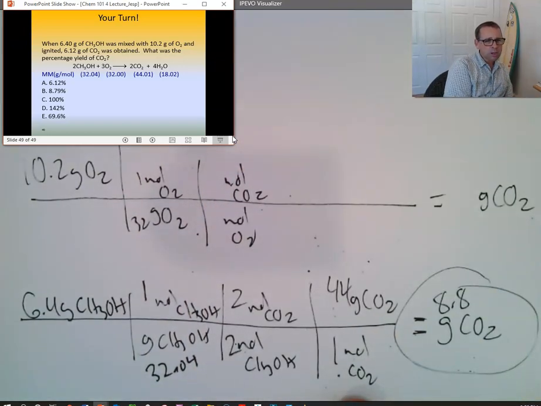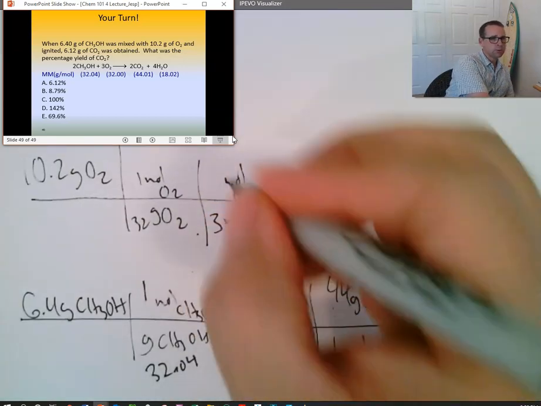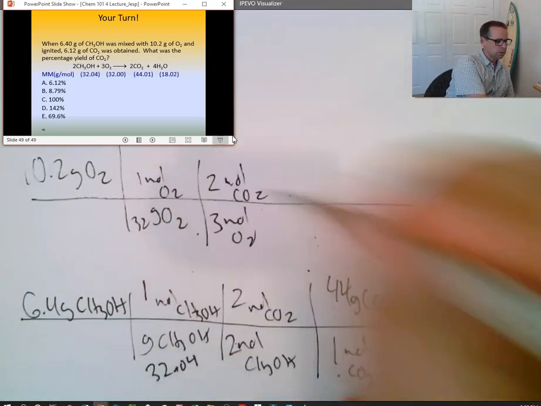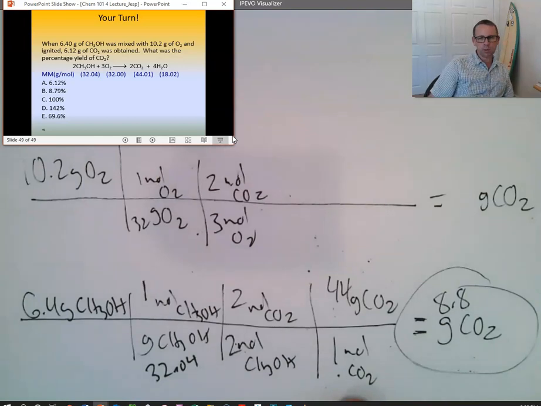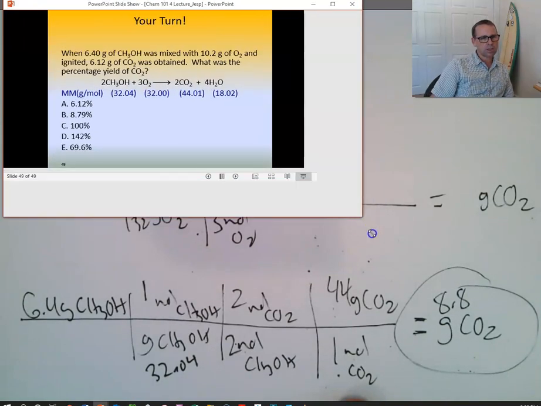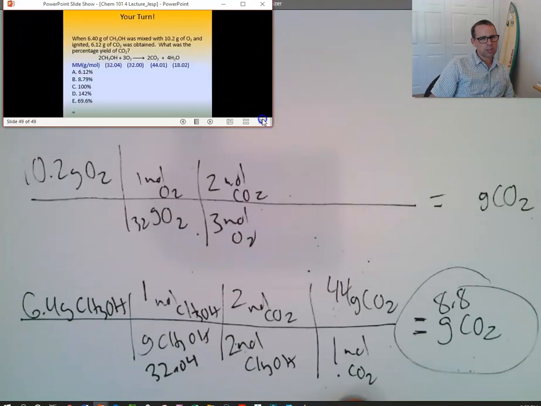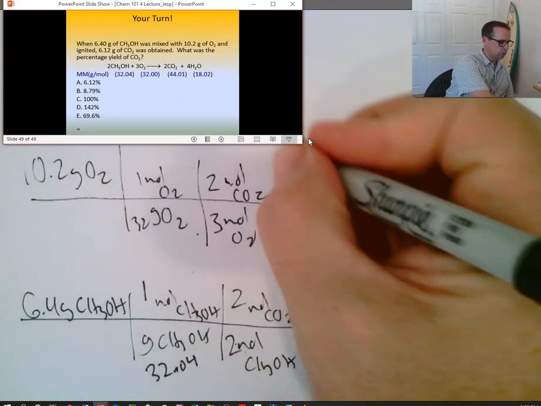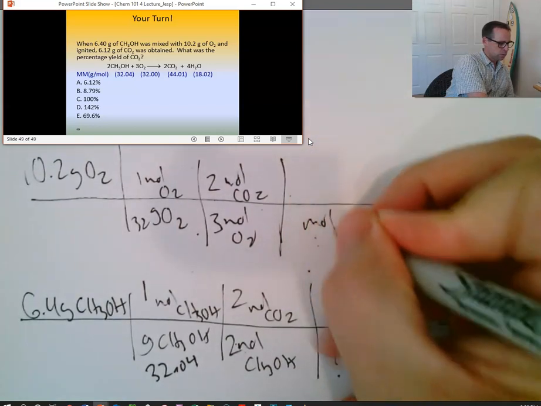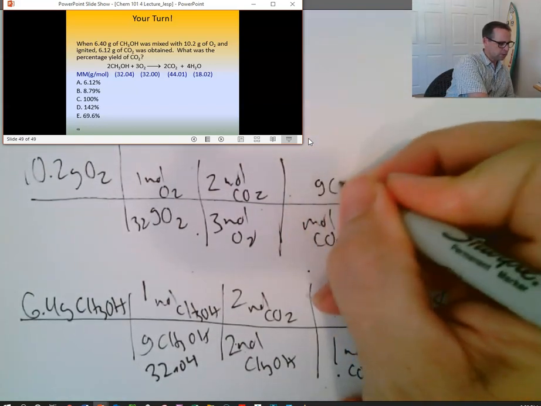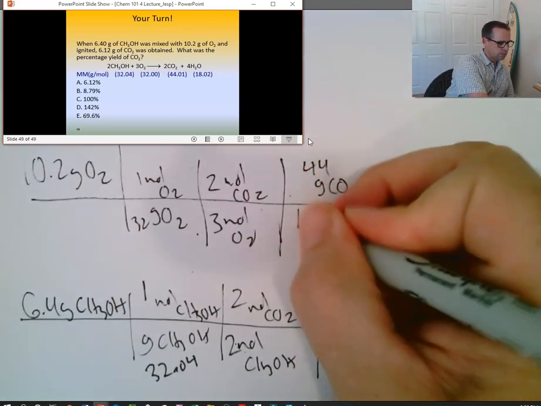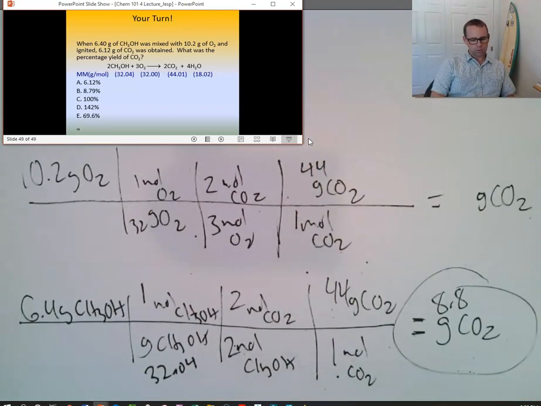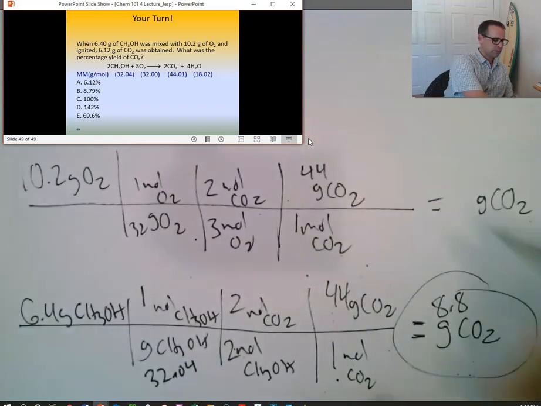And look at my numbers up there. 2 moles of carbon dioxide for every 3 moles of oxygen gas, right? That's what my equation tells me there. And then I go from moles of carbon dioxide to grams of carbon dioxide. And there's 44 grams for every 1 mole. Calculator, 10.2 divided by 32 times 2 divided by 3 times 44. That's 9.35.